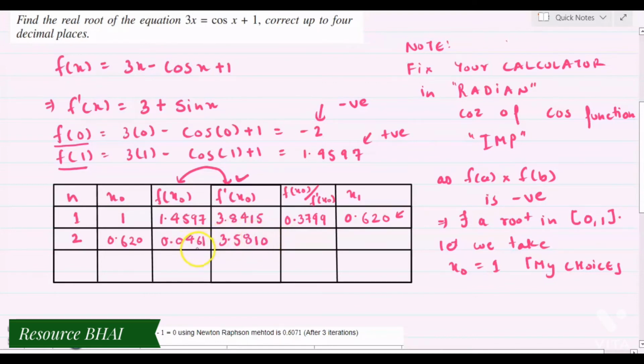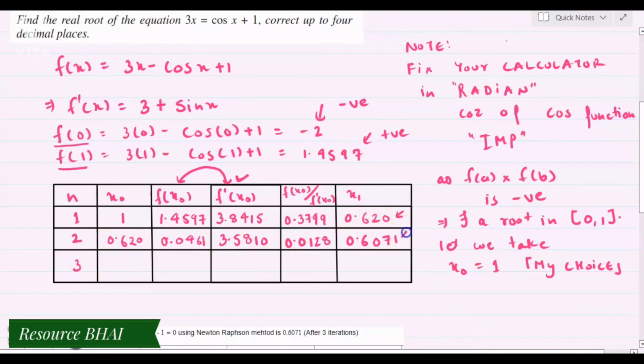Now again divide these two values, and that will give you 0.0128. Now take the difference of this value from 0.620, and it will be 0.6071.